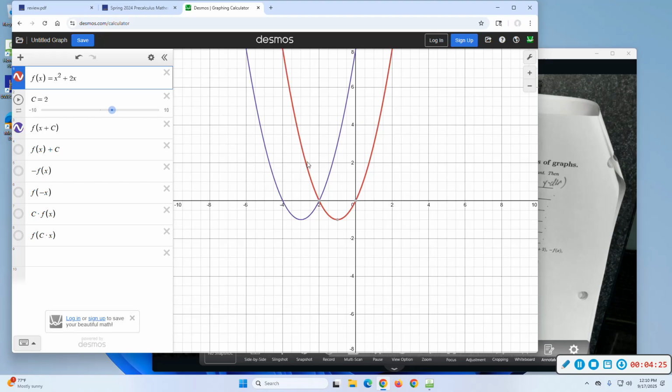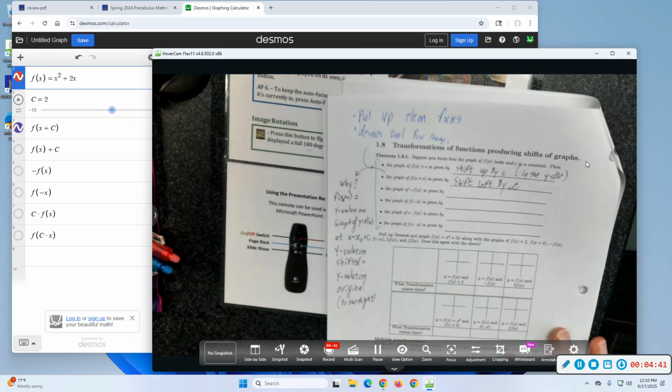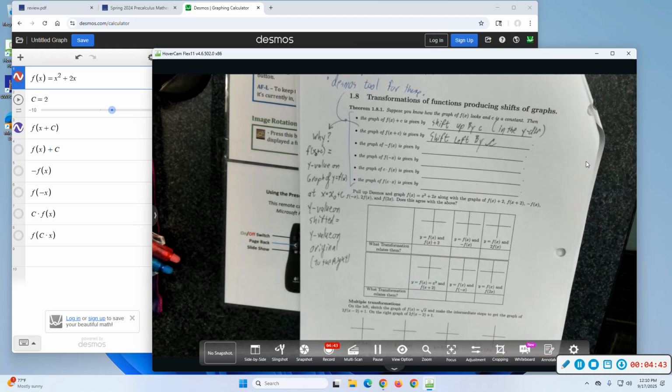Cool, so that means that the red is the purple but shifted to the right. So if the red's the thing you start with, then the purple is red shifted to the left. I see. So there's an argument, but a good heuristic to keep in mind is if it's inside the parentheses, it does the opposite. So with that in mind, let's carry on from there.